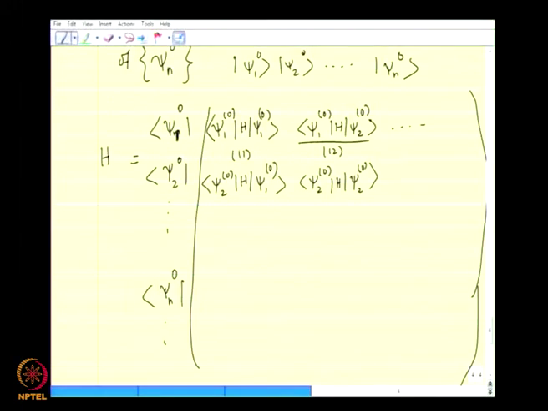It is the same thing that is written in the form of the bracket notation, and you can see that the third element is psi 2 0 H psi 3 0 and so on.